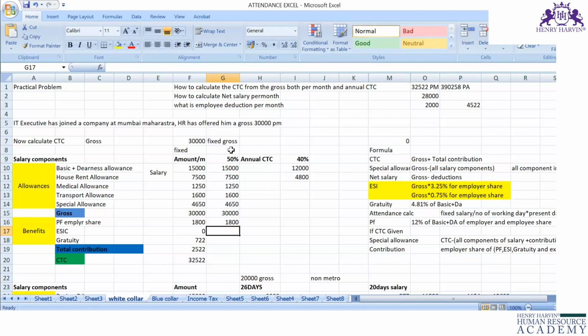ESI is 0 because, as we discussed, the eligibility for ESI is that the employee should get less than or equal to 21,000 as gross salary. Remember, guys? We discussed this in the last session.